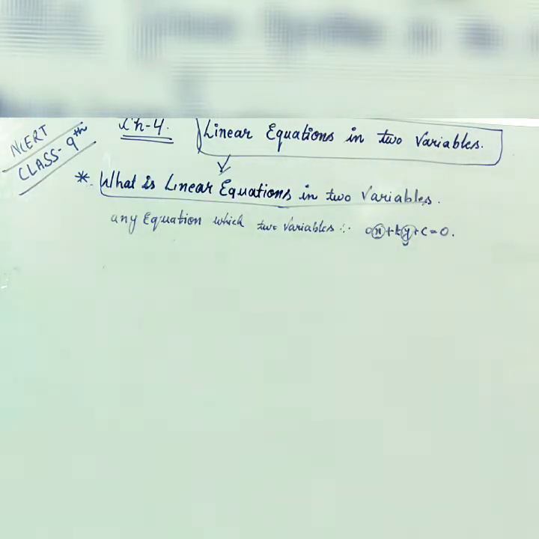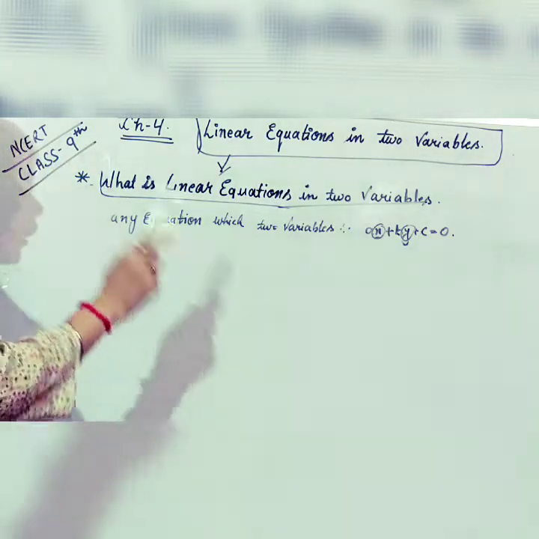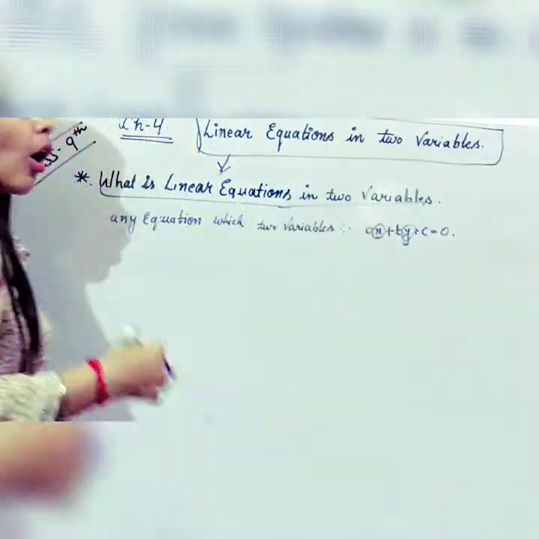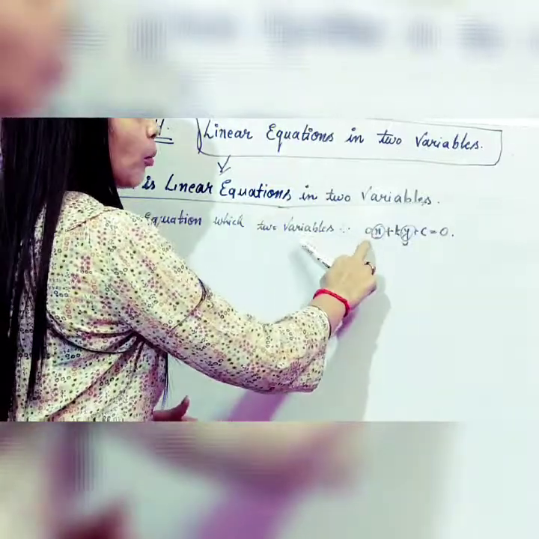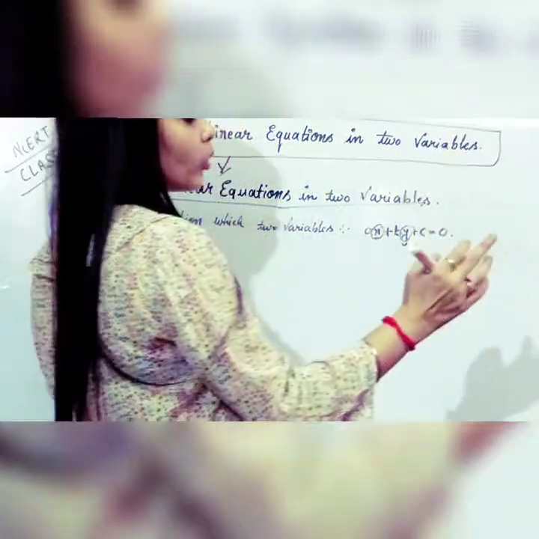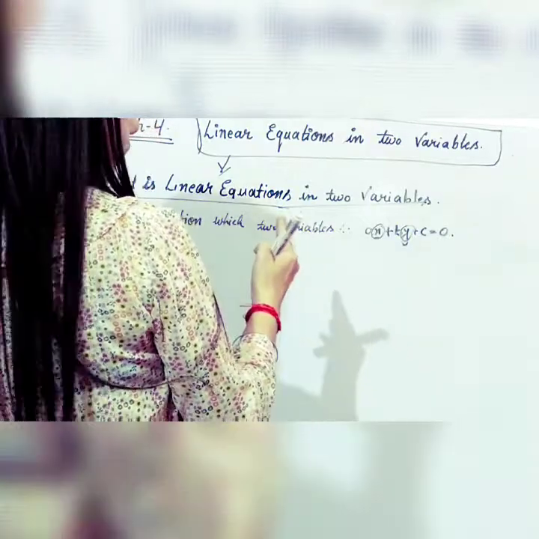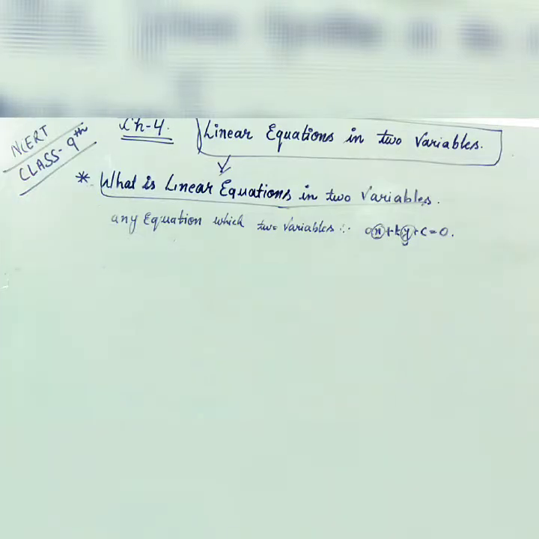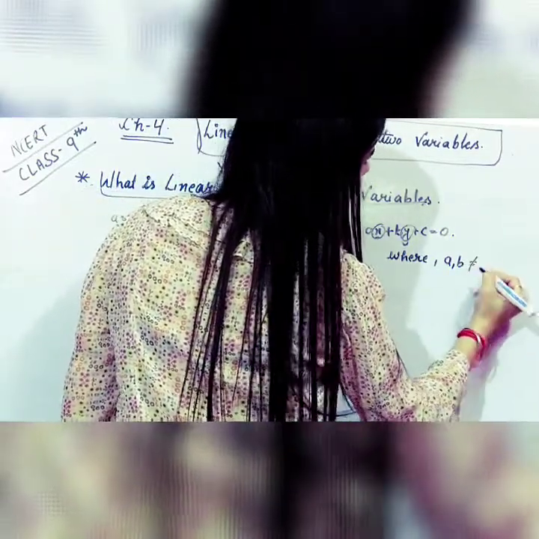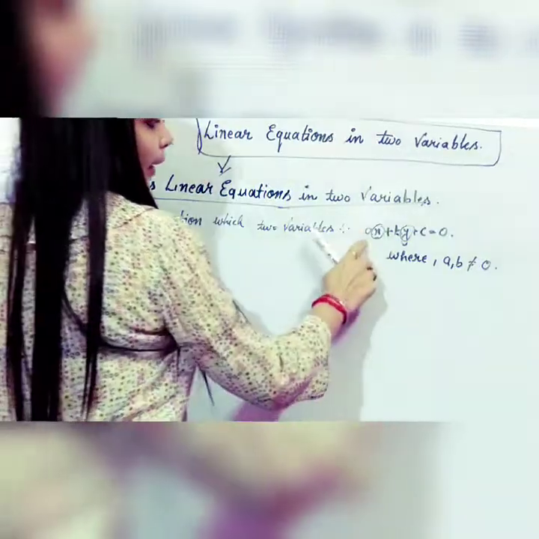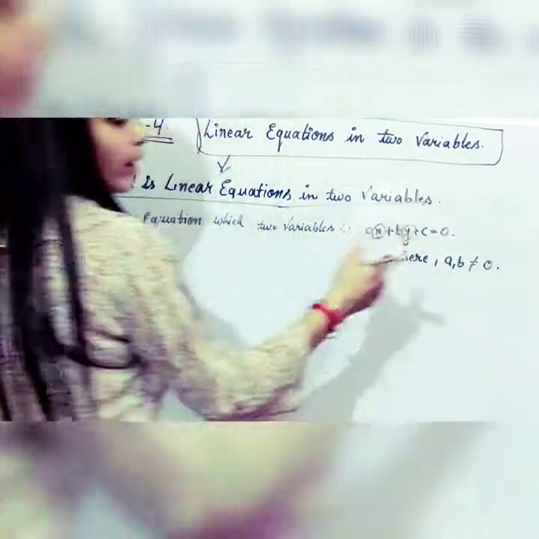Students, what is the definition of a linear equation in two variables? We can simply say any equation which has two variables, or any equation in the form of ax plus by plus c equals 0, is a linear equation in two variables, where a and b will never be 0, and x and y are the variables.